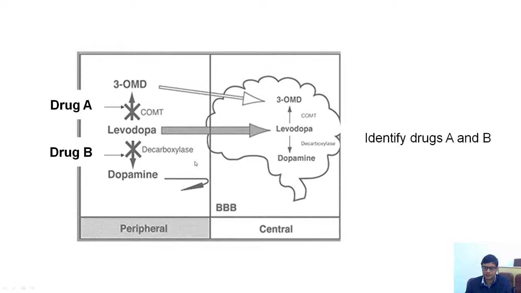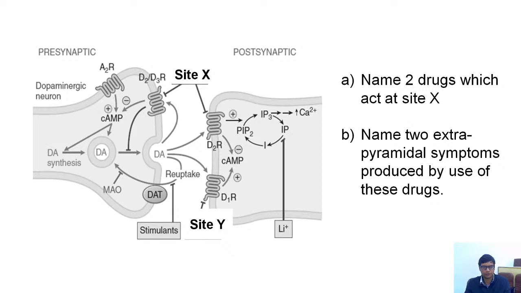Peripheral decarboxylase inhibitor, you already know, carbidopa, benserazide, these are peripheral decarboxylase inhibitors. So this is anti-Parkinsonism drug. Another diagram which is showing some neuronal cleft, some junction between two neuronal membranes.